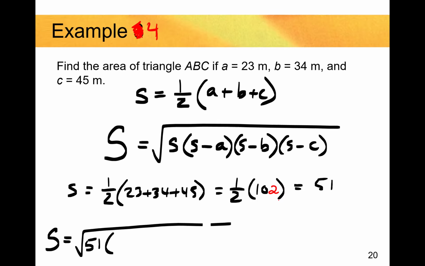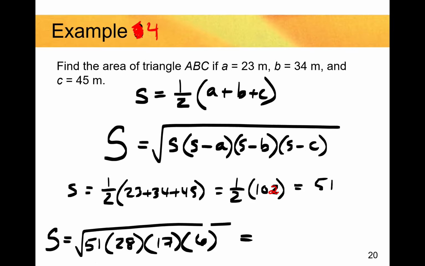Then I need to know what is 51 minus a. It's 51 minus 23, which is 28. 51 minus 34 is 17. And then 51 minus 45 is 6.